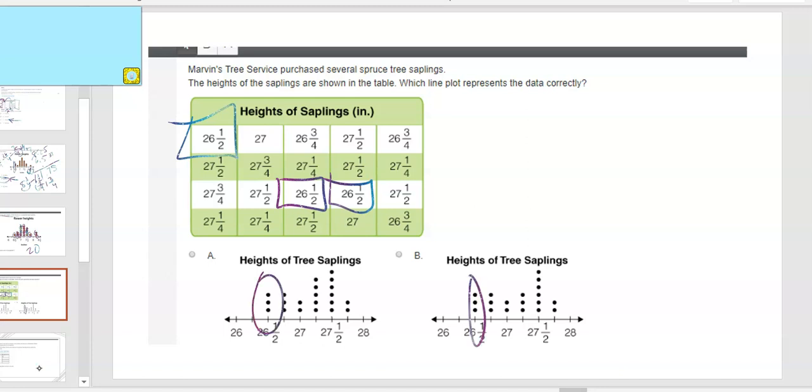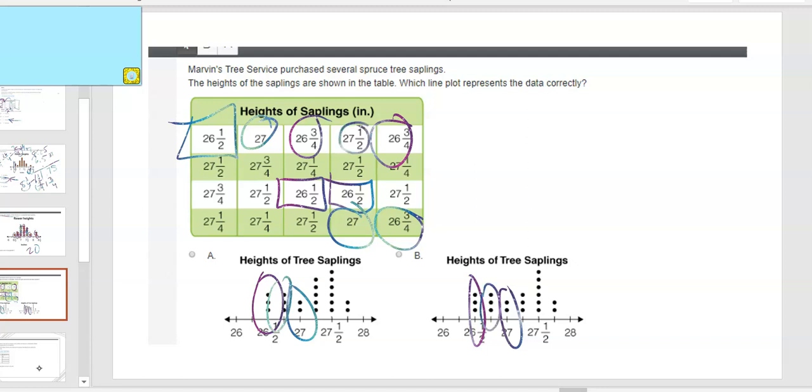But that one does too, so we keep going. 27 has 1, 2. That one's the same. 26 3/4 has 1, 2, 3. So that one has it also. So does that one. Great.